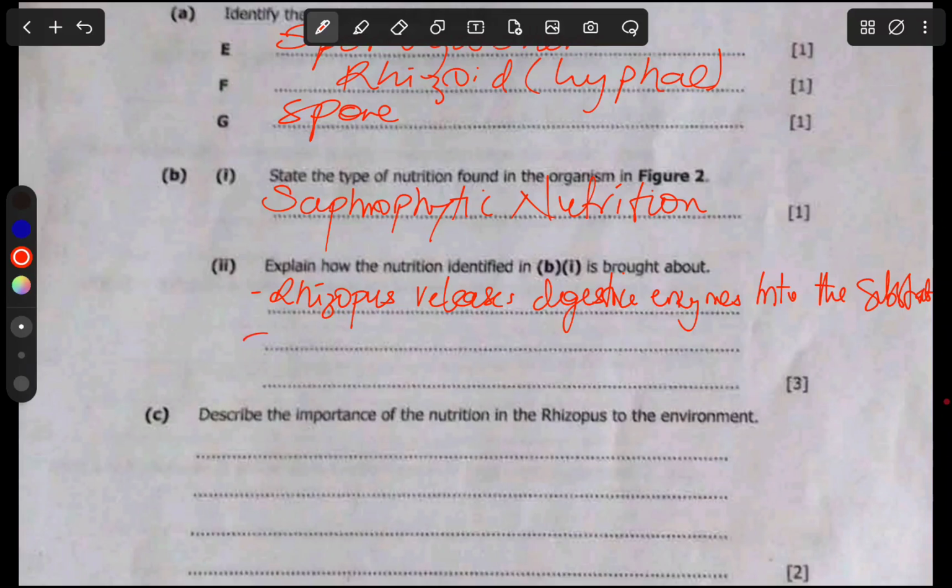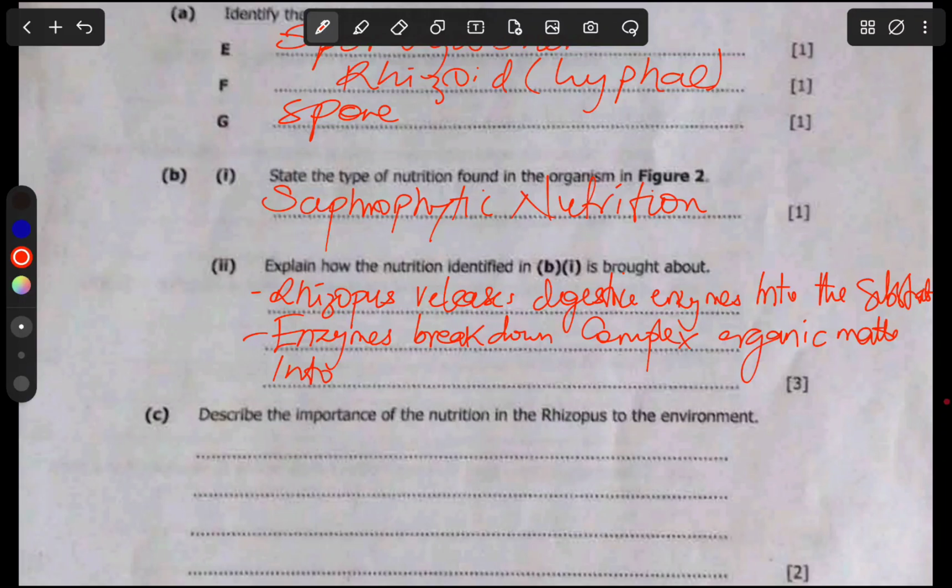Number 2, after these enzymes are released into the substrate, they are going to act on that substrate. So the enzymes break down complex organic matter into simpler soluble substances.